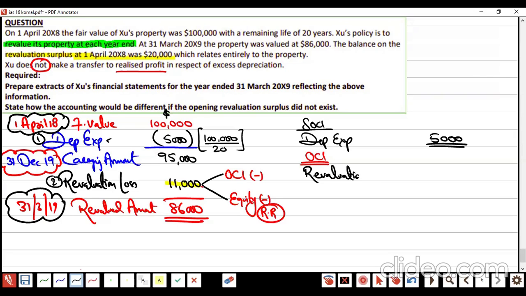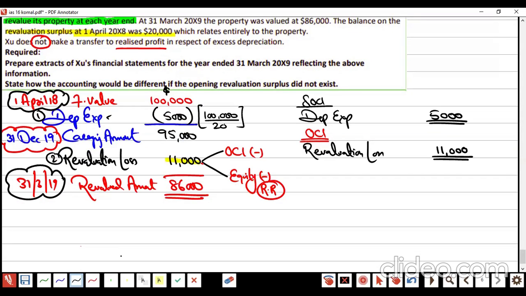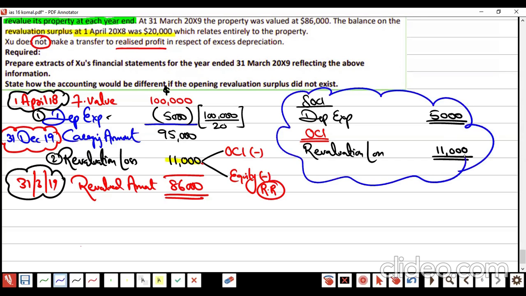Shareholders, don't worry, you have a loss of 11,000. No problem. Any problems? No. Now, the second, this is the income statement, profit and loss, SOCI. Now SFP. SFP, property, plant, and equipment.